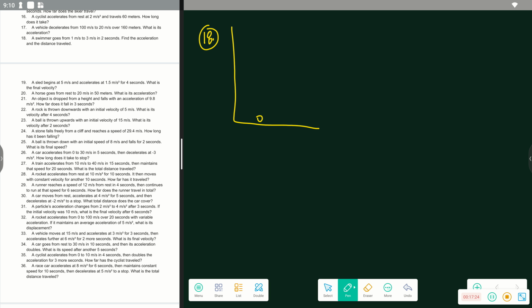All right, so here's your swimmer, 1 meter per second, moving in a positive direction to 3 meters per second. You need to solve for acceleration. The acceleration is going to be positive, as is the displacement, okay? And your time is 2 seconds.